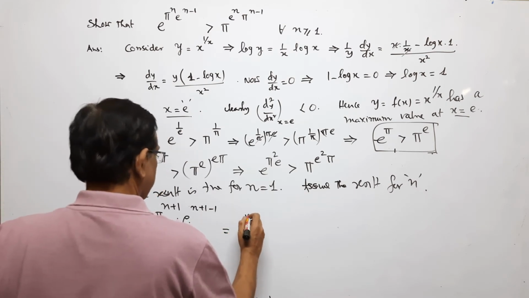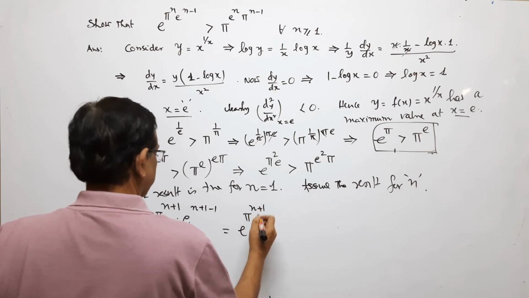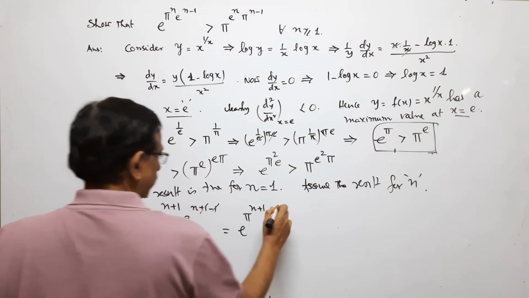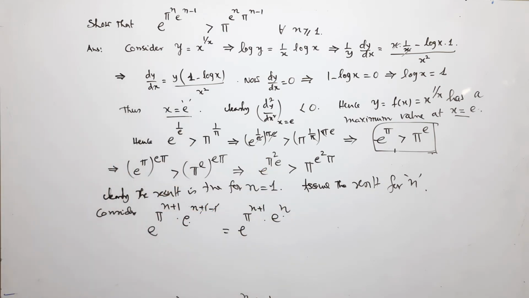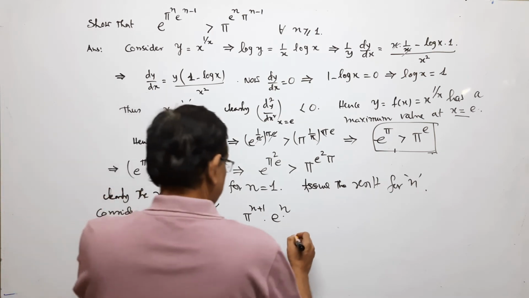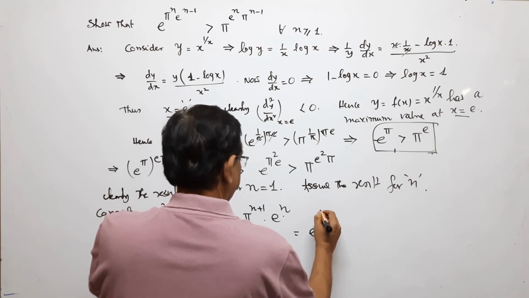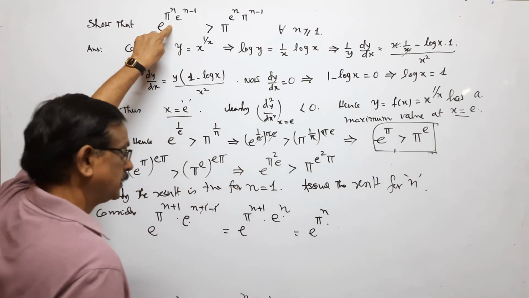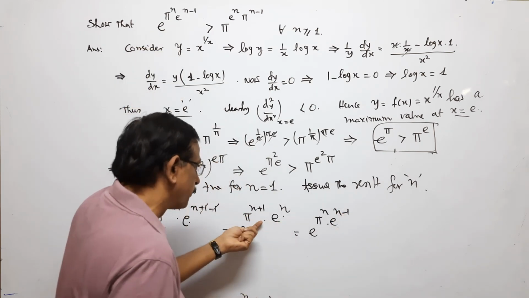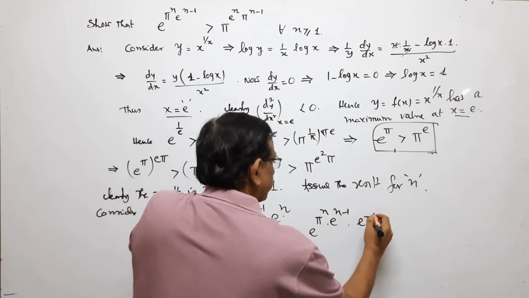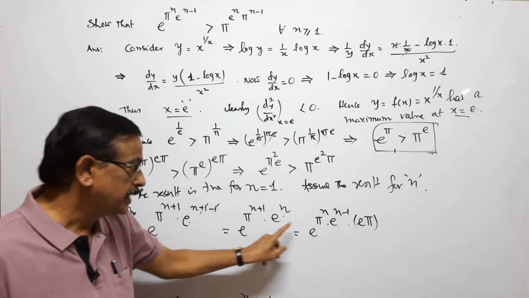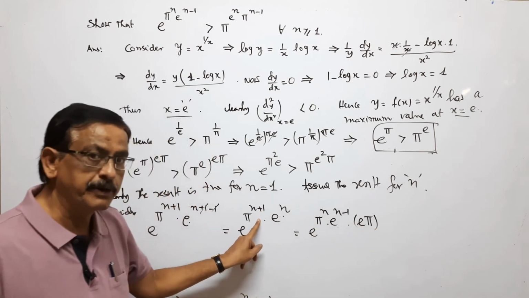This is e power pi power n plus 1 into e power n. So look carefully: e power pi power n, I want this, into e power n minus 1. So I have one e left over, one pi left over, so I will write e pi. Look carefully, e power n minus 1 into e is e power n, pi power n into pi is pi power n plus 1.